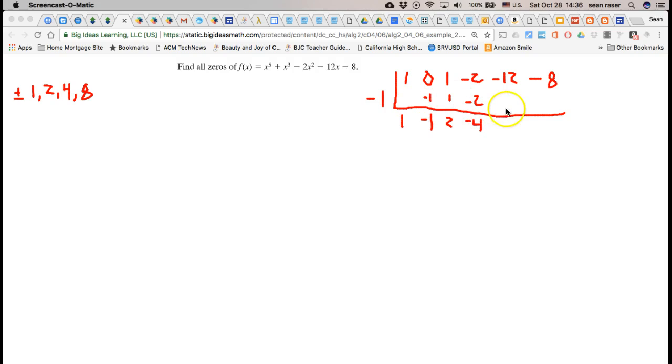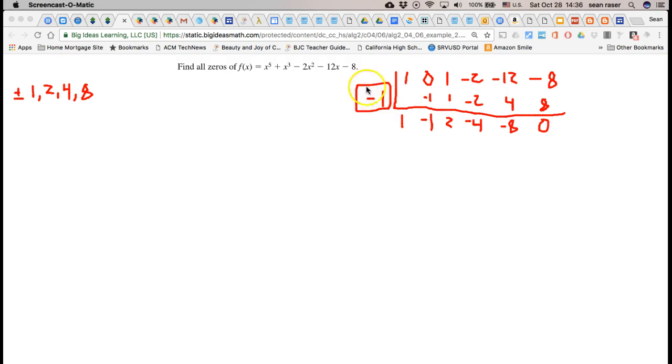So even if it takes you a few times to get the right one, this is negative 8, this is going to be positive 8, and we end up with 0. That tells us right here that negative 1 is a solution. Now, rather than keep using our original fifth degree terms, remember that these are the coefficients of our new polynomial.